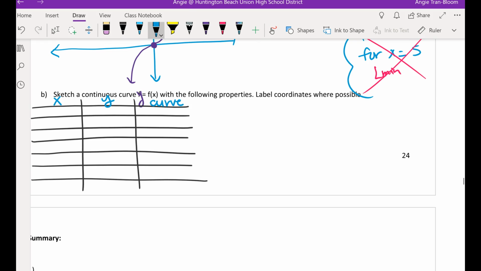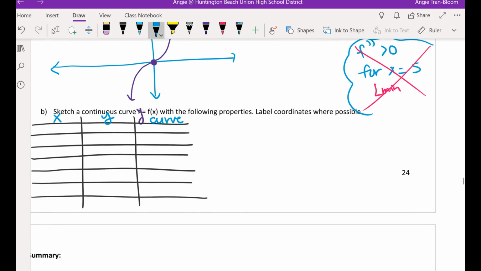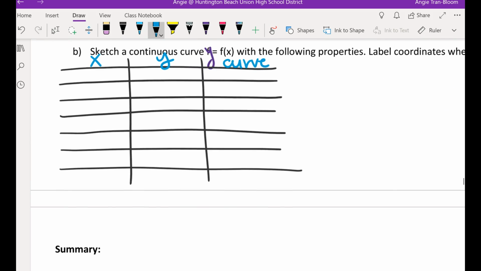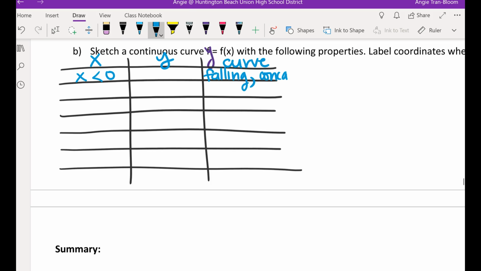Right, let's write down the description before we even start graphing. Over here, when x is less than 0, y value doesn't have anything, and the description of the curve is falling, comma, concave up. Okay, so that's your description.